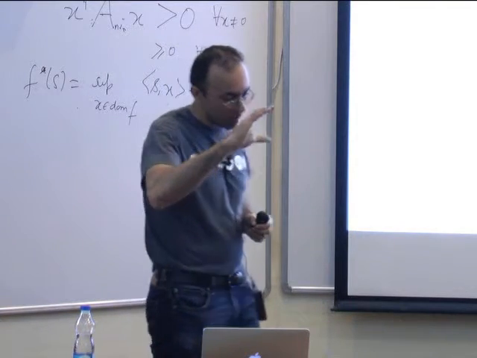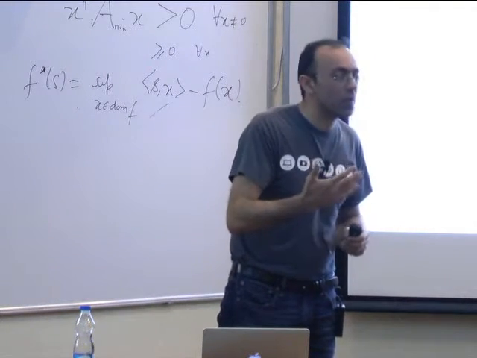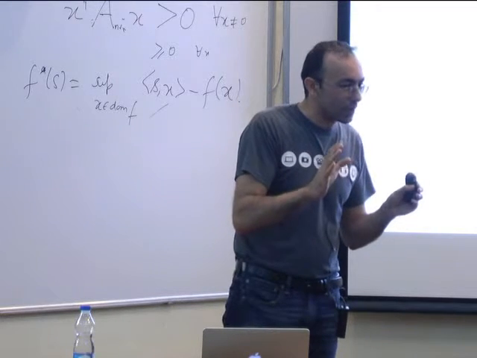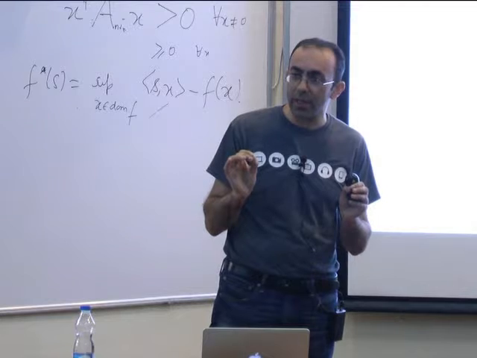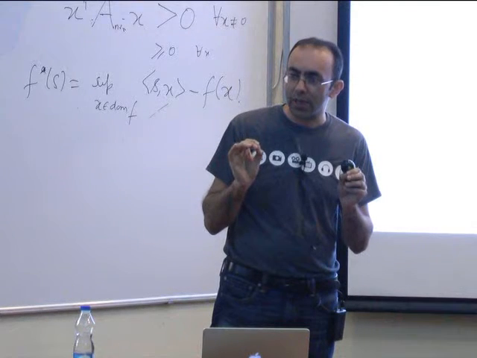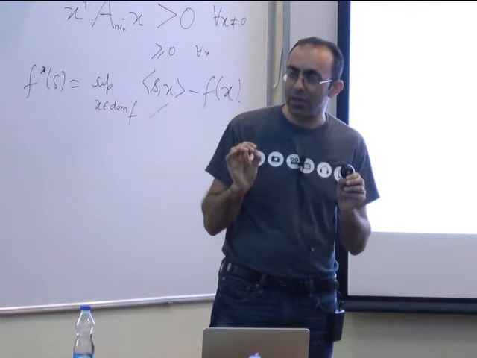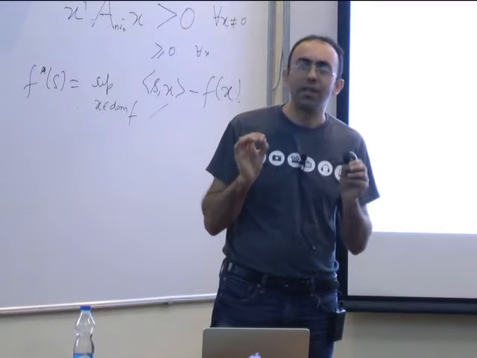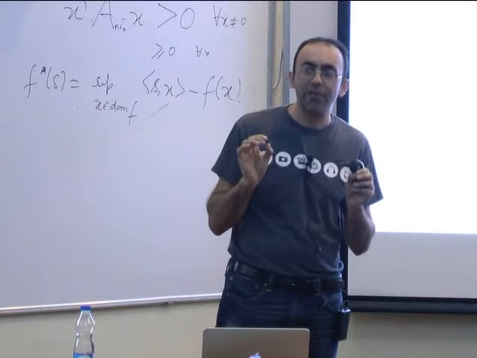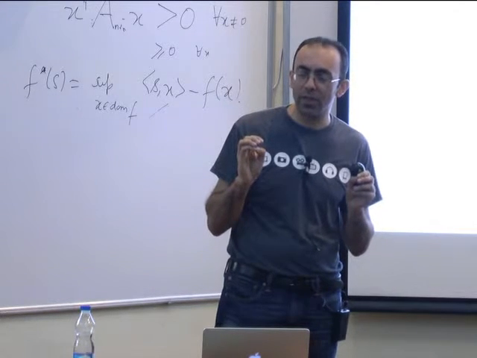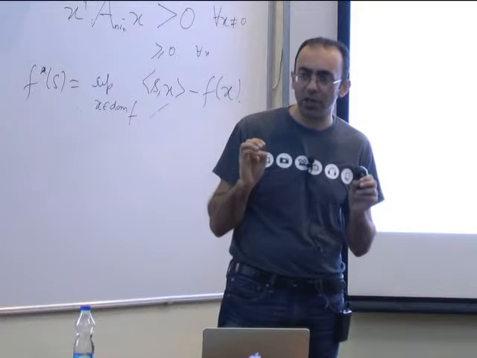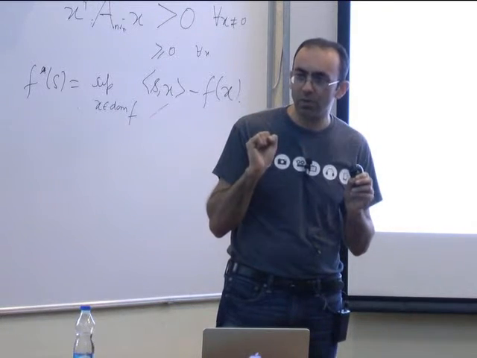The real thing to appreciate in this proof is I took a constraint problem, wrote it as an unconstrained problem using indicator functions, and now I want to characterize an optimality condition for this unconstrained problem. This unconstrained problem involves f plus an indicator function. So using my subdifferential calculus, I try to characterize the subdifferential of the sum of these two functions.